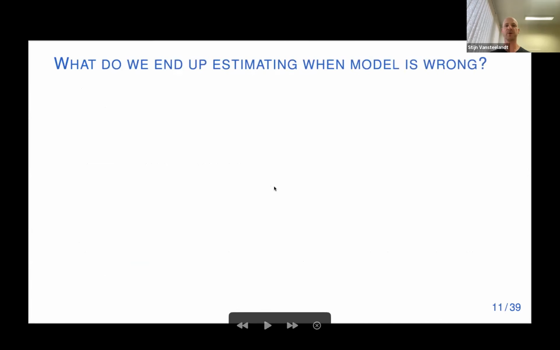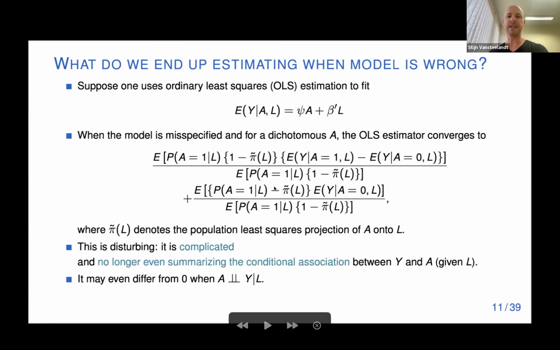Let me expand a little bit on the point. What do we end up estimating when the model is wrong? Suppose that we use ordinary least squares in this linear regression. I regress outcome on an exposure A and covariates L. Well, when the model is misspecified and when A is dichotomous, it's quite easy to show that the OLS estimator converges to the expression here, where the first component is a bit like a weighted average of treatment effects.